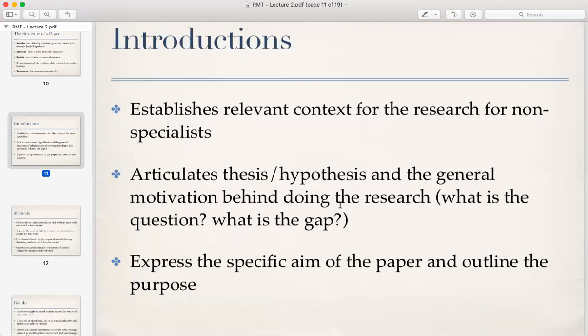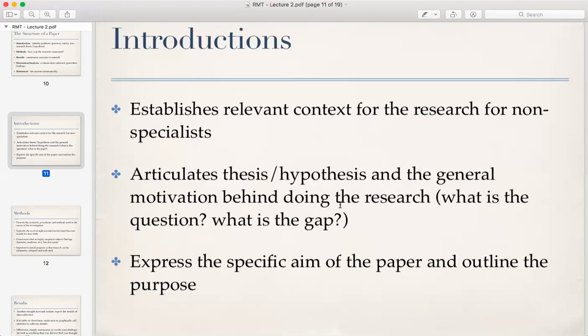What is an economic surplus? What does GDP stand for? What are the basic fundamental things that you should know about the situation before you dive into the paper? That's a very important part of the introduction. You're defining your terms and talking about key concepts that people might be unaware of, which helps them understand what the paper is talking about.